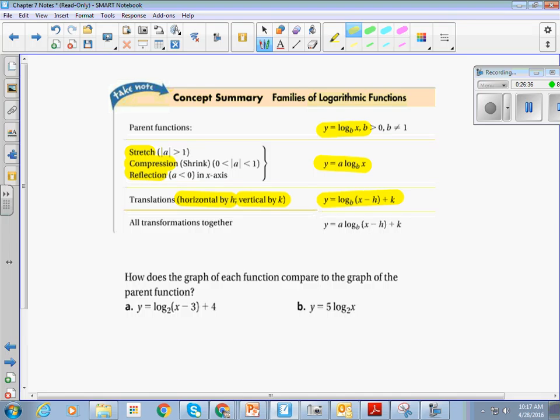And then the k moves it up or down. If k is positive, it goes up. If k is negative, it goes down. Putting all these together in one amazing function that we're going to compare all these other functions to: y equals a log base b of x minus h plus k.